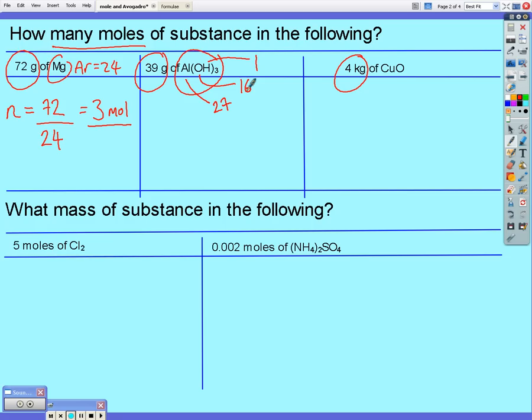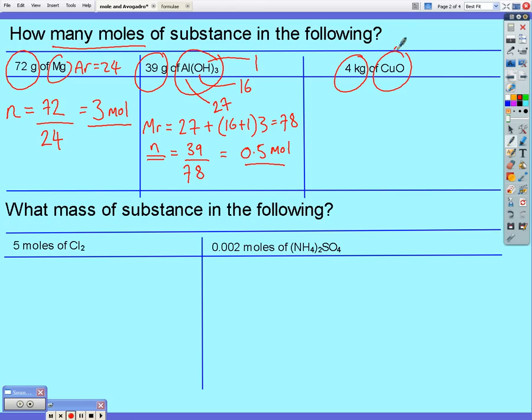So in that case, the relative molecular mass of aluminium hydroxide is 27 plus 16 plus 1, all multiplied by 3, which gives us 78. So our number of moles is the mass, 39, divided by our molar mass, 78, which gives us 0.5 moles. Copper oxide.